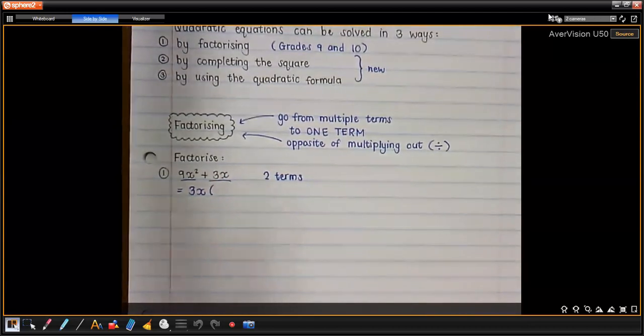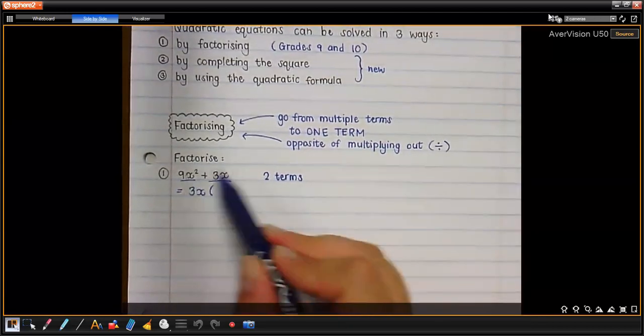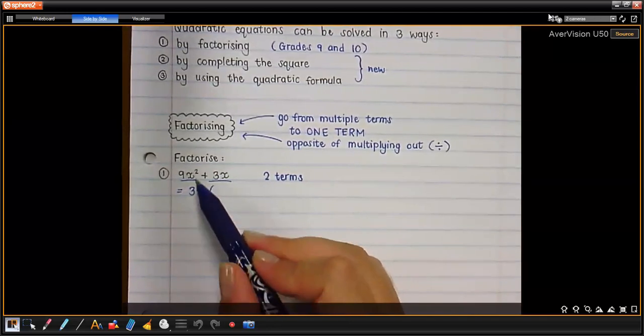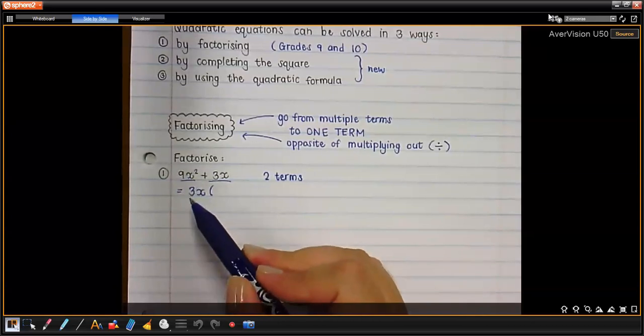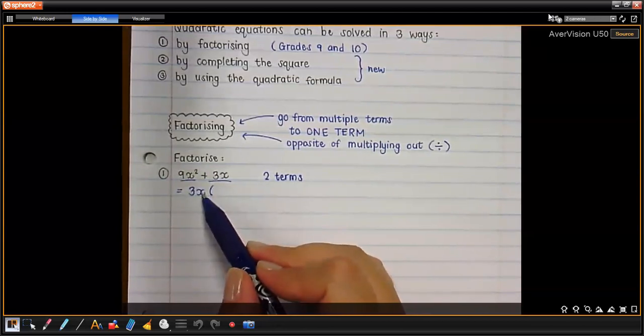And now to get whatever must go into the bracket, we have to divide each original term by the common factor. Okay, so we're now going to say 9x squared divided by 3x. What's 9 divided by 3? 3, and x squared divided by x?